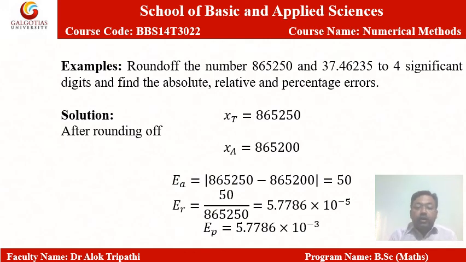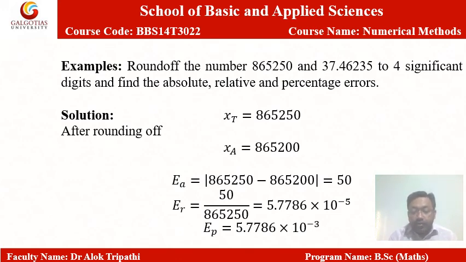Now we'll find the relative error. Relative error is the absolute error divided by the mod of the true value. So we will have here 5.7786 into 10 to the power minus 5. This is our relative error when we have rounded off this number to 4 significant digits. And how can we get the percentage error? Percentage error can be obtained by multiplying the relative error by 100.